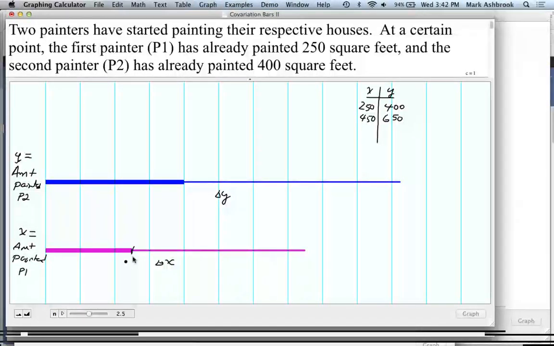This was 250, and this was 400, and then we had 450 and 650. Take it from there. Go.